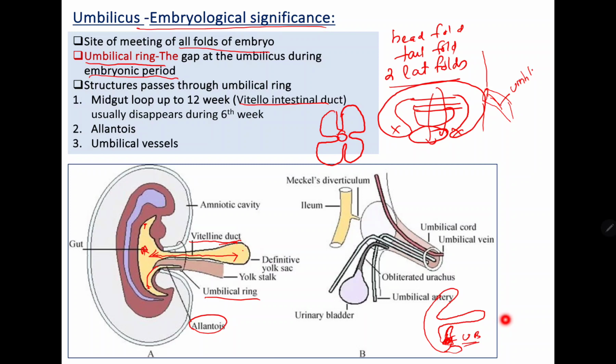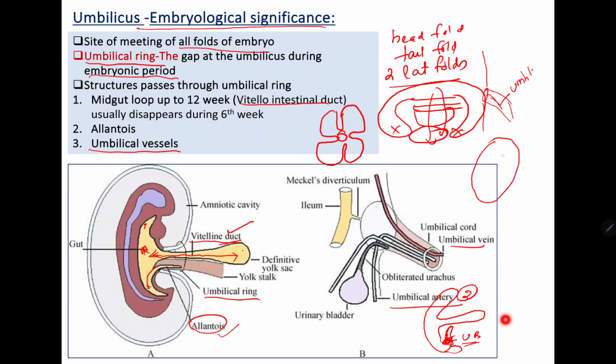Okay, so two important structures we have seen at the umbilical ring, that is the vitello-intestinal duct, then next one is the allantois, then we have the umbilical vessels. So we have one umbilical vein and two umbilical arteries. So these are the structures that pass through the umbilical ring. If you draw, this is the umbilical ring.